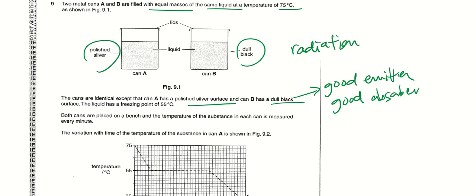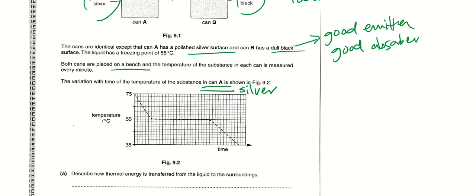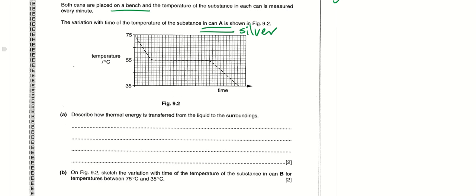Now, they are placed on a bench and the temperature of the substance in each can is measured every minute. The variation with time of the temperature of the substance in can A, remember can A is silver, is shown here. Describe how thermal energy is transferred from the liquid to the surroundings. So what are some ways that we can transfer heat or thermal energy?